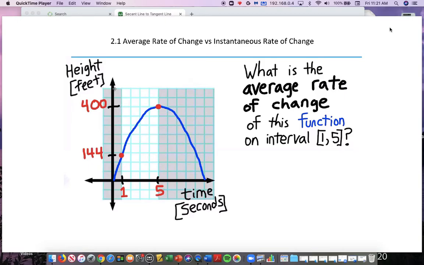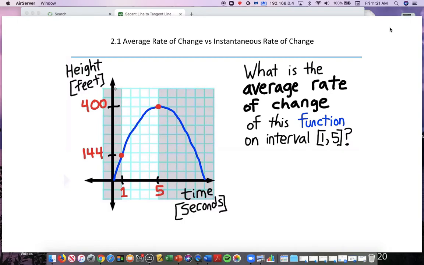When we think about the idea behind a rate of change, what is even the unit of the rate of change here? It's a rate, right? So maybe this is a graph that shows time in seconds and height in feet.